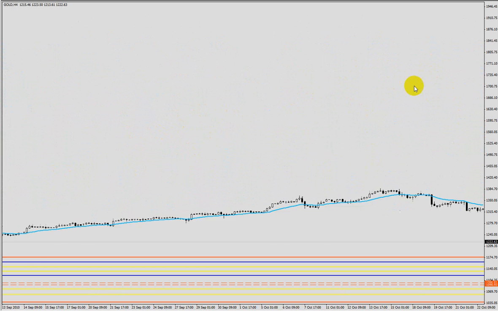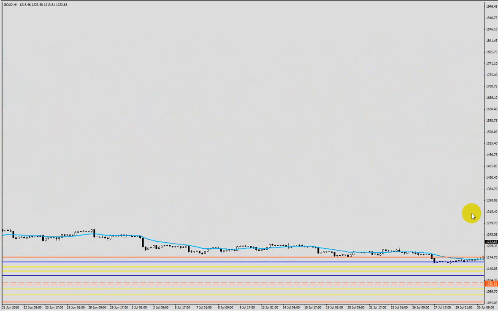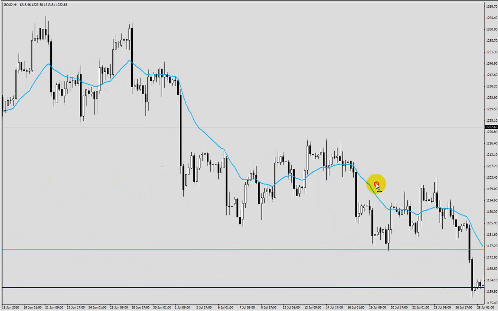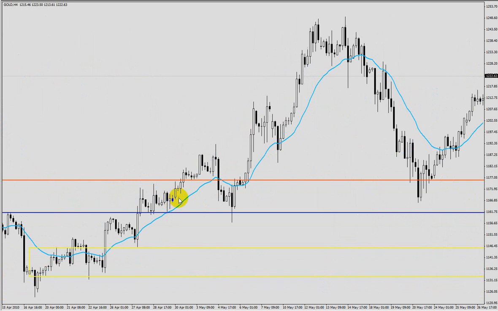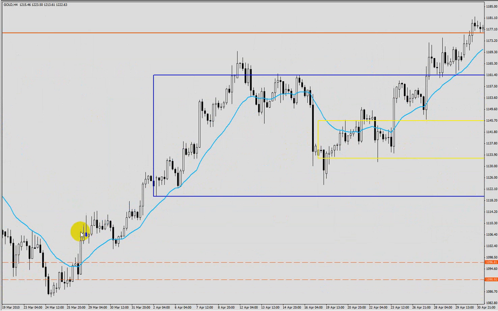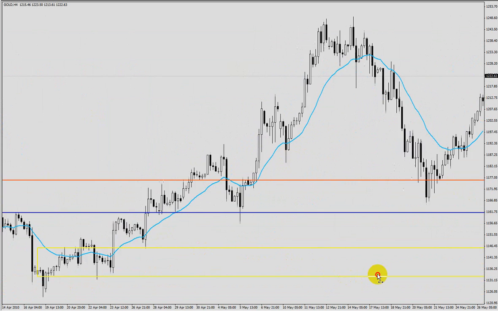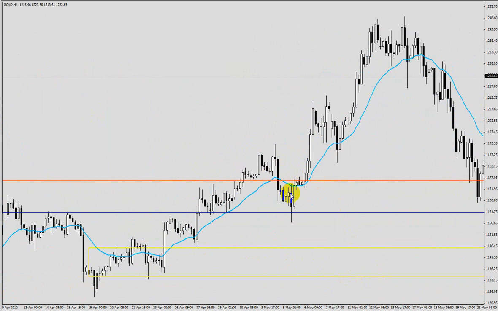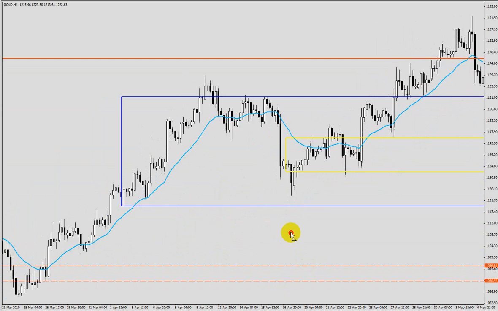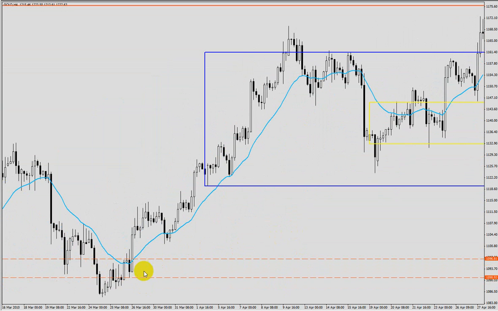Just 1 second. And we are talking about this price action here, and of course the monthly support zone has been tested, weekly, even daily here, but not this 4-hour chart.